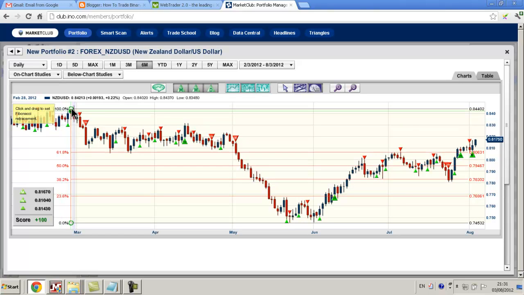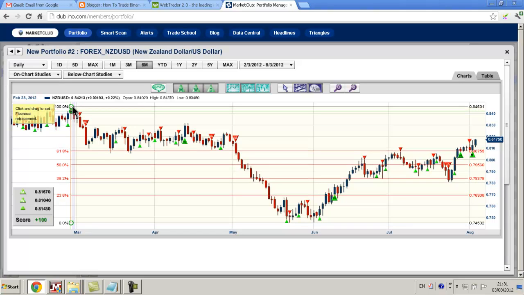Just adjust that one to get to the high point. About there. So here's our 61.8% retracement to the bottom. So it's broken that, and it's moving up nicely. We can head back towards the new highs there. So that's one thing to look at.